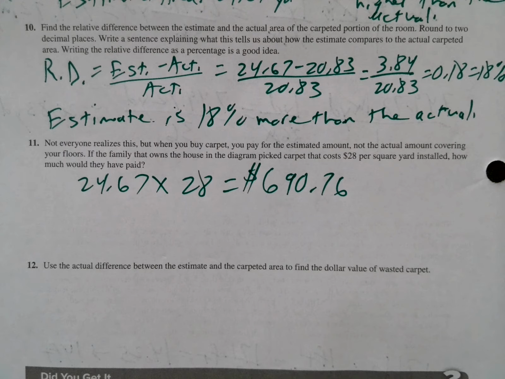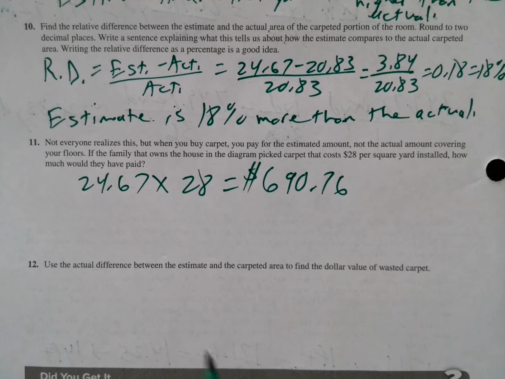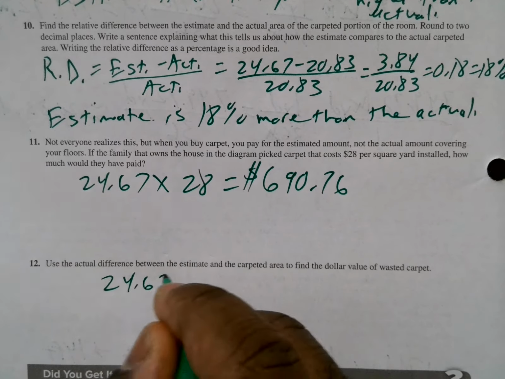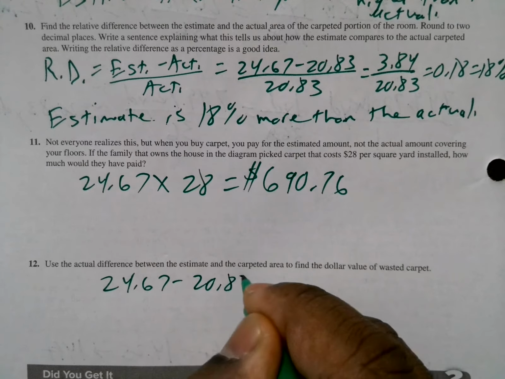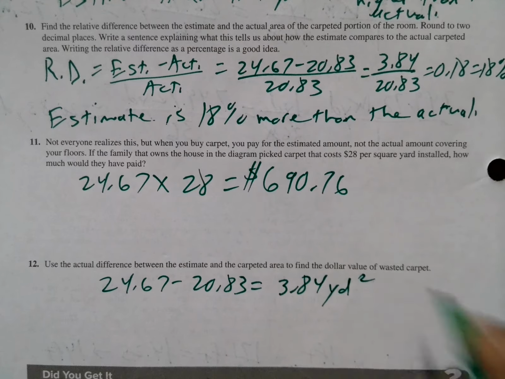Now, for number 12, it says use the actual difference between the estimate and the carpeted area to find the dollar value of wasted carpet. Now, we already figured this out. The actual difference would take the estimate minus the actual, which would give us 3.84 square yards.